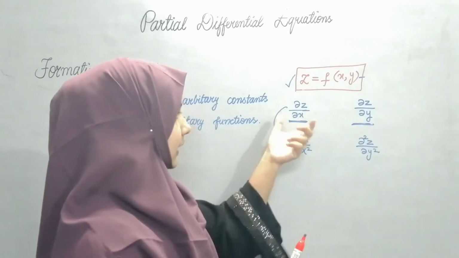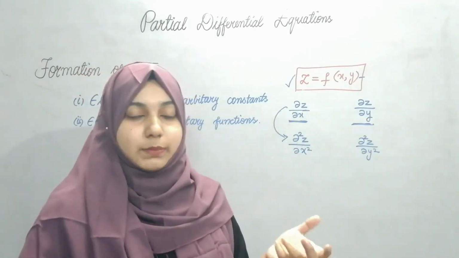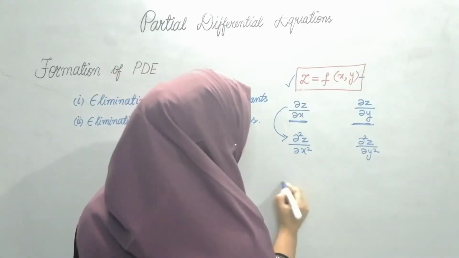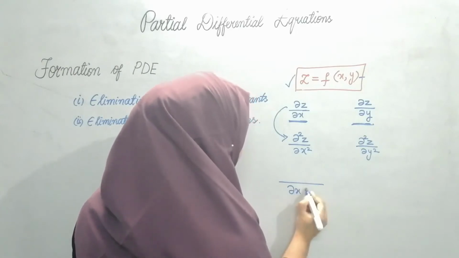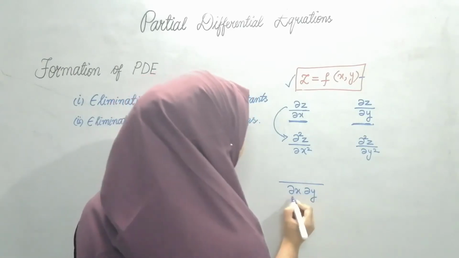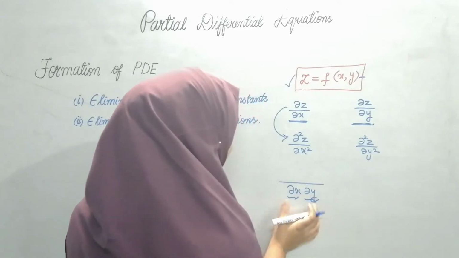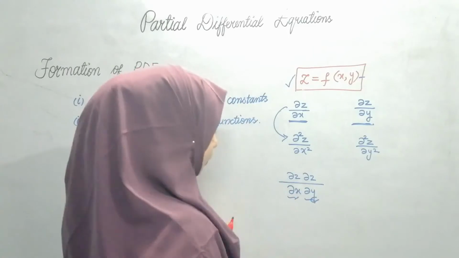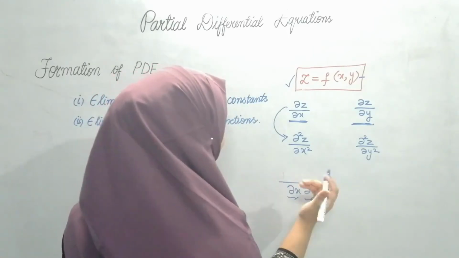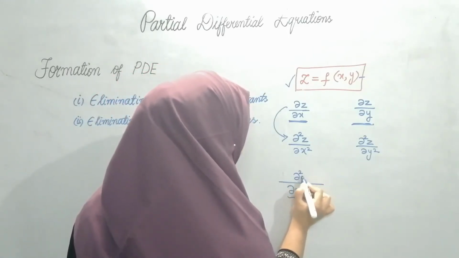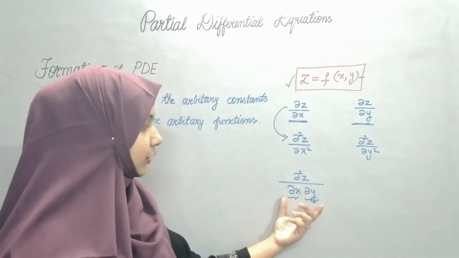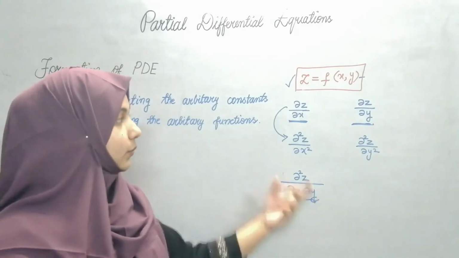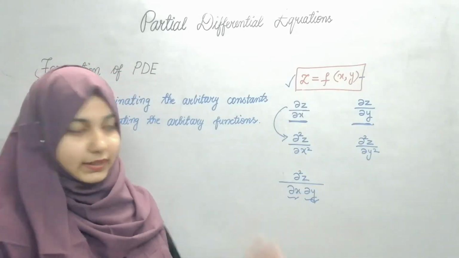I did it individually before, but if I differentiate together, differentiating with x as well as with y, two differentiations are happening. So instead of writing dou z into dou z, I'll write dou square z, because it's happening two times. So it is dou square z by dou x into dou y, because I'm differentiating with respect to x and y together. I think this is clear.